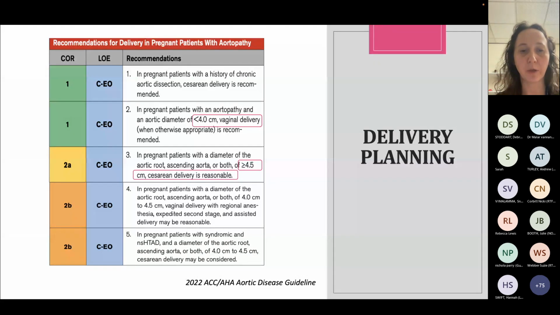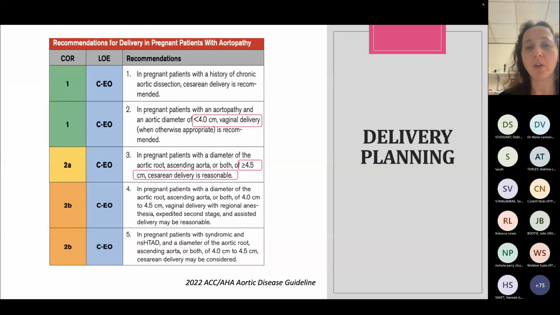Here in the new guidelines, it's stated that the cesarean delivery is reasonable in patients with the aortic diameter more than 45 millimeters. In those with heritable conditions, with the diameters between 40 and 45 millimeters, again, cesarean delivery might be considered. Patients that have aortic diameter less than 40 millimeters can have vaginal delivery.